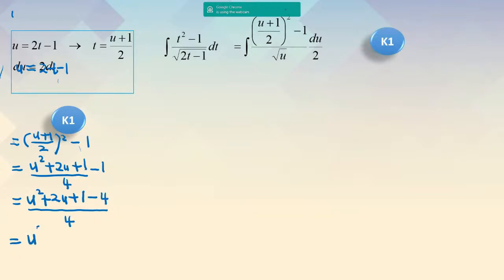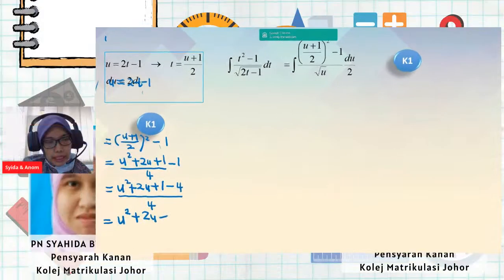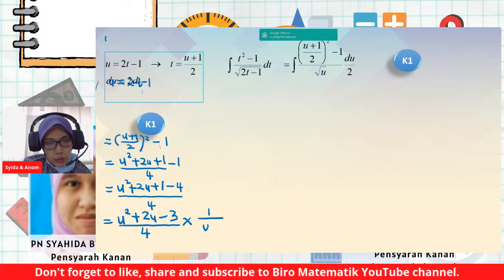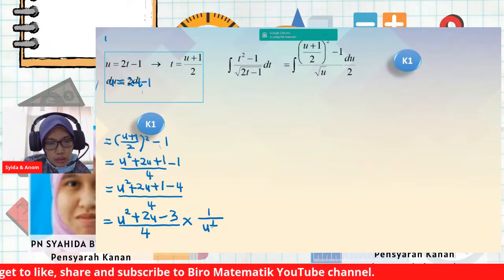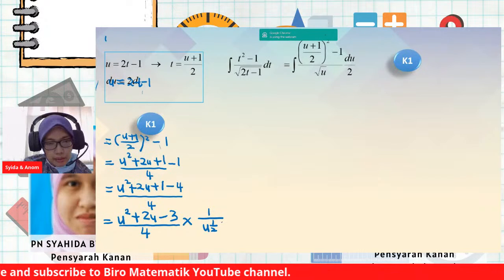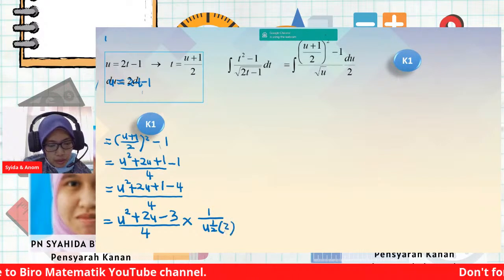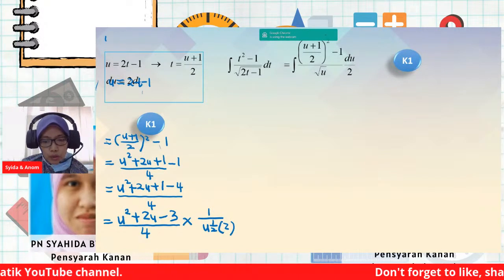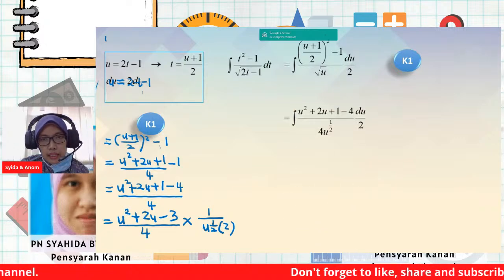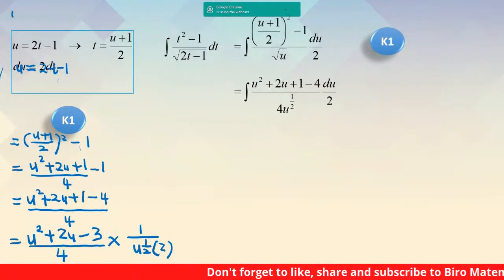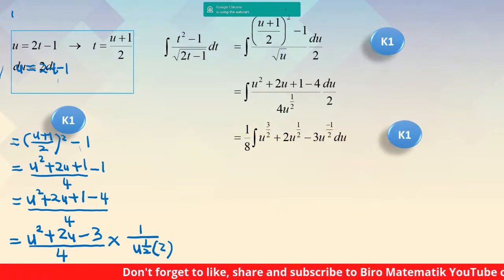So we get u square plus 2u minus 3 over 4. Okay, then we multiply with 1 over u power of 1 over 2. Okay, times 1 over 2. Okay, we will get 1 over 8 now.